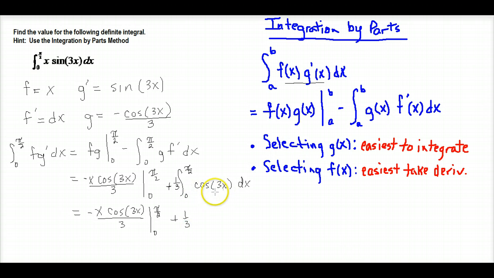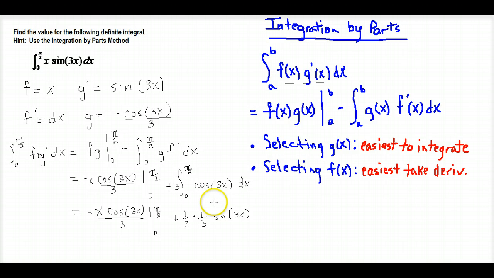And now we're going to integrate cosine 3x. So we know the integral of cosine is sine, but again, since we have this 3x in here, a function within a function, we need to account for the extra 3 that we would get if we went back and did the derivative of sine of 3x. We would get 3 cosine 3x. So here we need to divide again by 3, giving 1/3 sine of 3x.